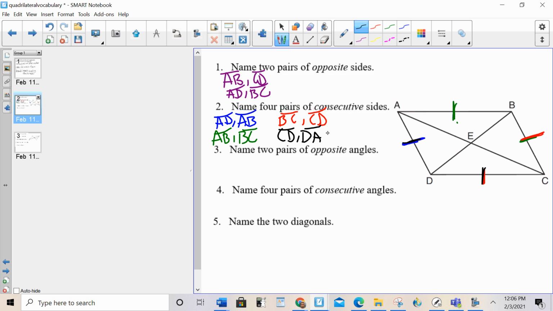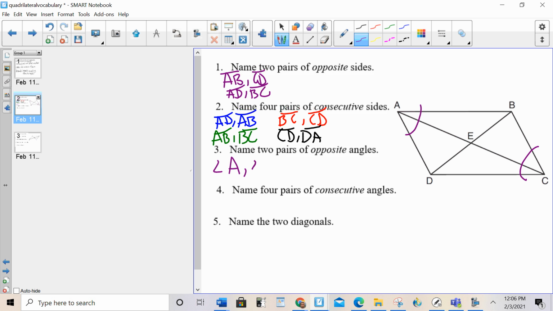Name two pairs of opposite angles. So opposite angles are angles that are opposite from each other, they're across from each other. So, I'm going to cheat a little bit here, but for the purposes of the objective of this lesson, I'm just going to cheat and write angle A, even though technically it's angle BAD.